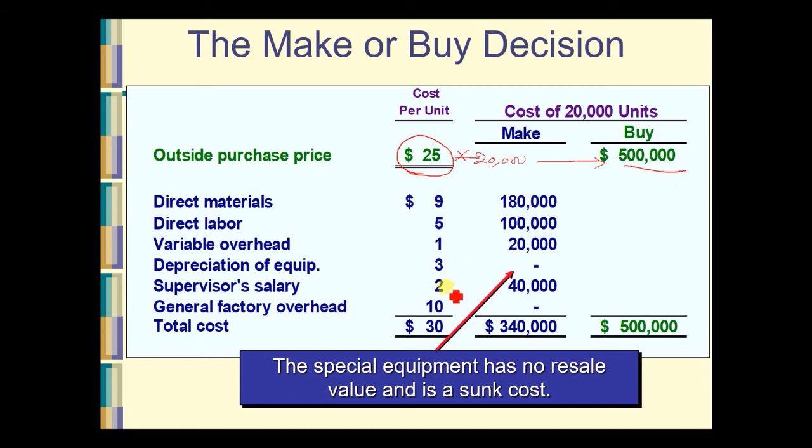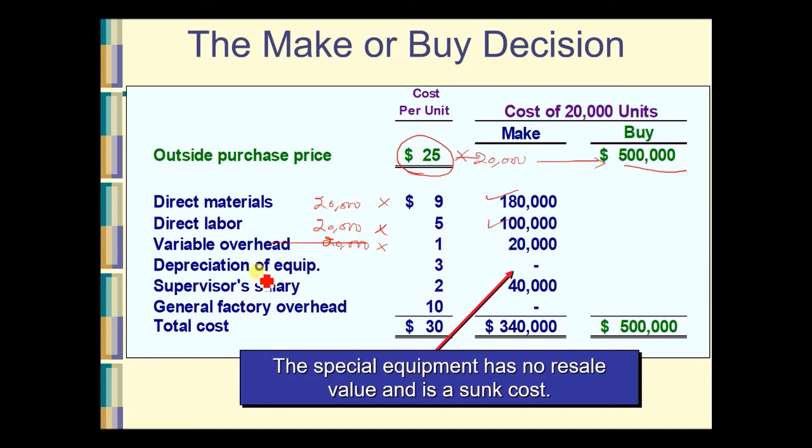And what cost will we incur if we keep making the product? So direct material cost is 9 per unit. We have to make 20,000, so 180,000. Then direct labor for one product is 5, for 20,000 products 100,000. Variable overhead for one product 1, and for 20,000 it is 20,000.